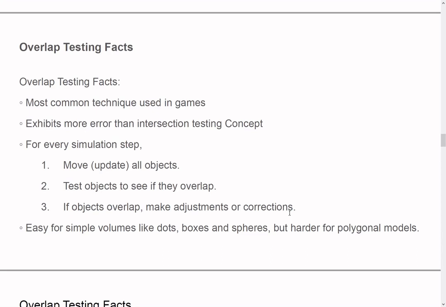And if they have, then we make adjustments or corrections. That is how we do it in overlap testing. So this is good for simple volumes like boxes, spheres, etc. But for complex objects, polygonal models, this is not a very good method to use.